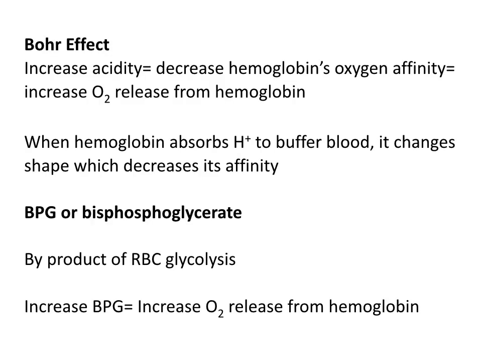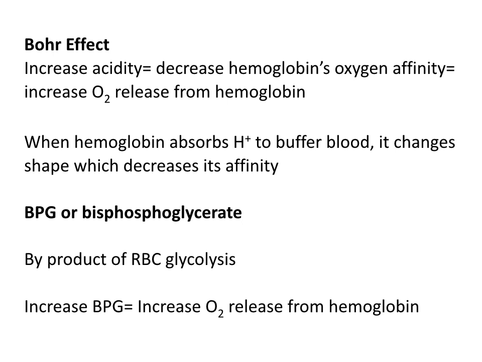Another factor that affects oxygen transport is called the Bohr effect. Now, the Bohr effect is more pronounced in your systemic tissues, where your oxygen partial pressure tends to be lower, so this doesn't have as much of an effect with alveolar gas exchange. Now, in the Bohr effect, as your acidity increases, now remember, an increase in acidity means that your pH is decreasing.